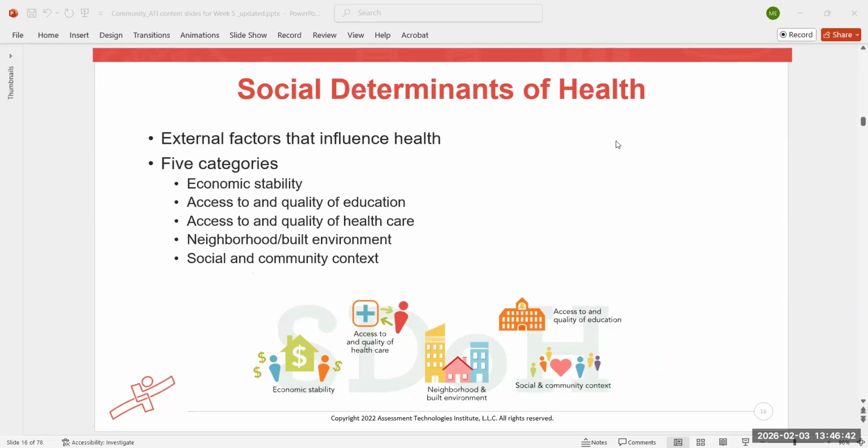ATI is going to break it into six different categories, but in general, there are five categories, and the goal is to understand what are those preventable differences, what is a burden, what's influencing rate of disease, injury, violence, how can we help patients achieve optimal health, and especially serve those who may be socially disadvantaged, who are vulnerable, and who are at a greater risk for poor health status, for individuals who might have limited access as well. So these are the five categories.